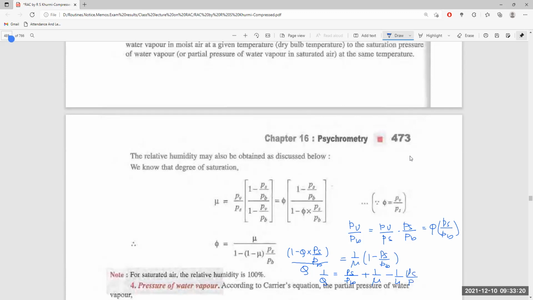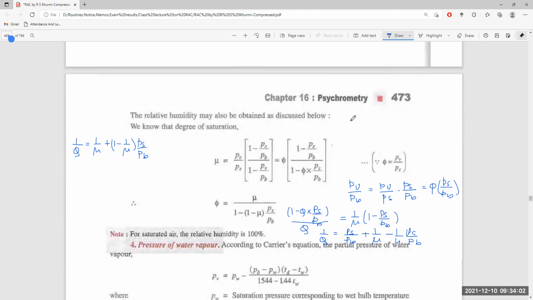So this will be equal to Ps by Pv, 1 minus mu plus 1 minus 1 by mu multiplied by Ps by Pv. If you simplify it further, it will take this equation here.